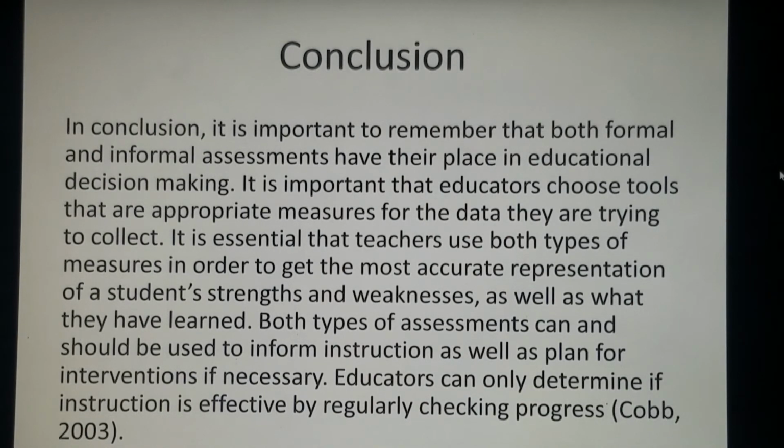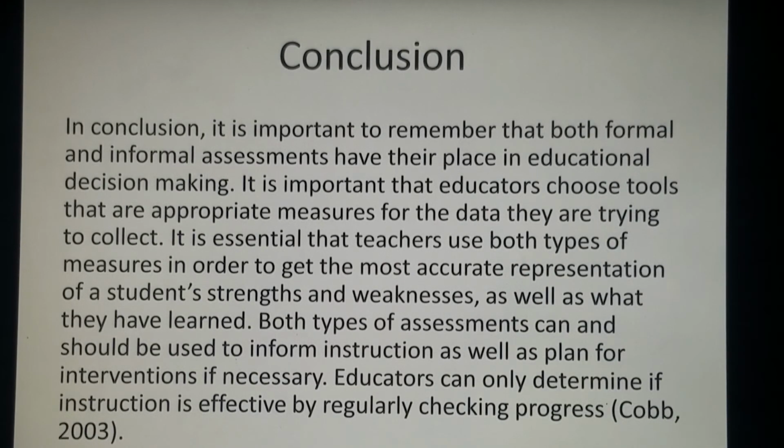So in conclusion, it is important to remember that both formal and informal assessments have their place in educational decision making. So one of the things we've learned in our text is that you can't just use an IQ test to make decisions about a student's eligibility for special education services.